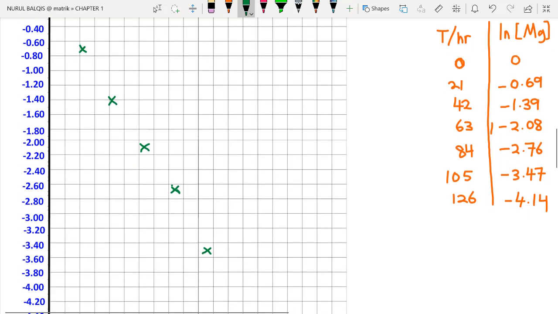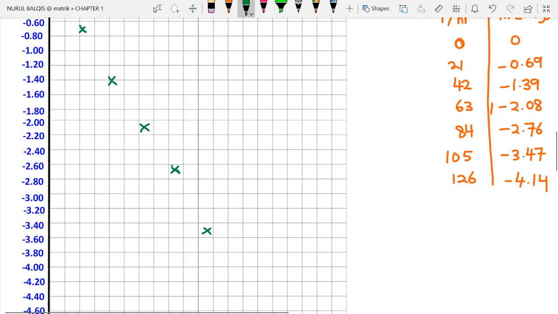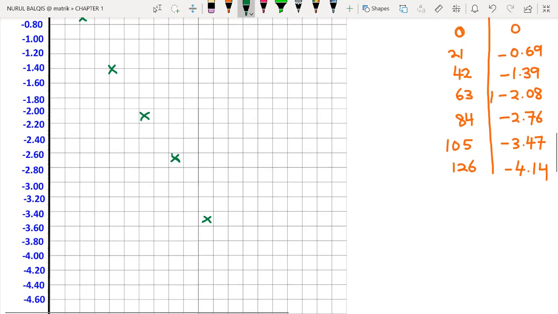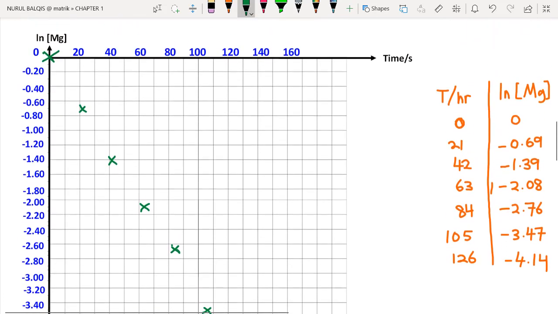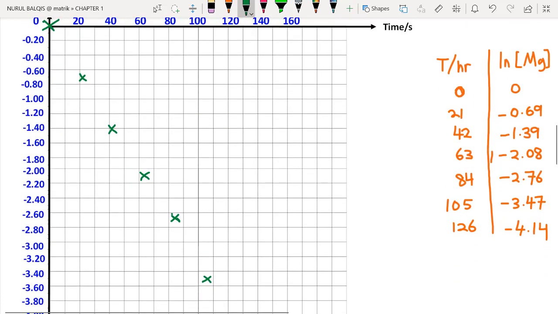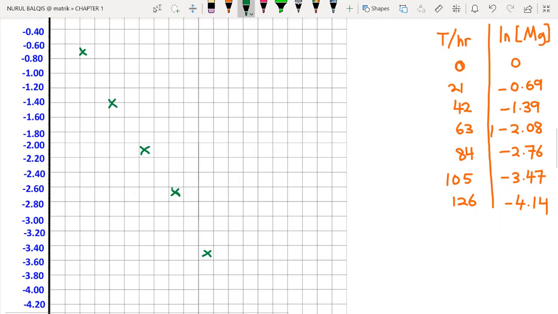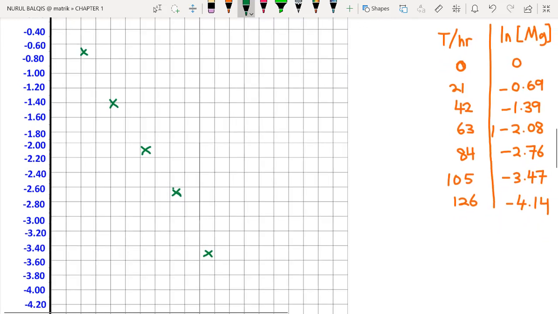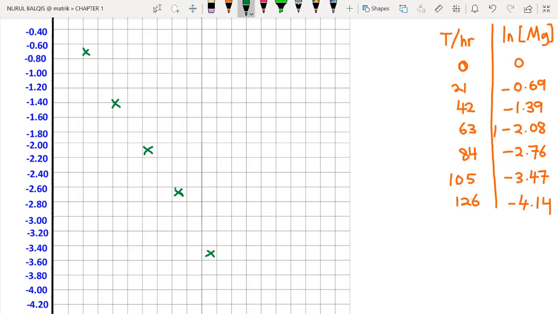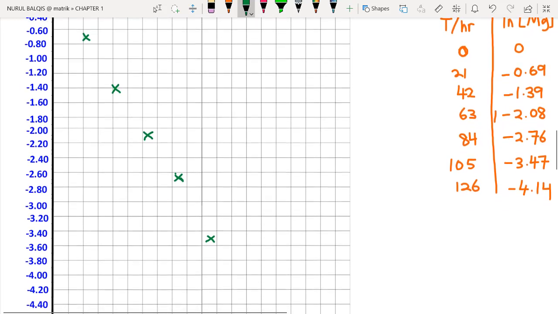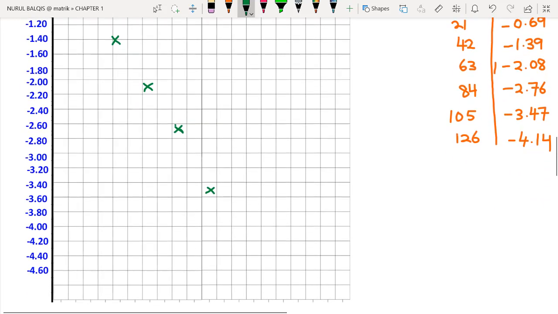Not sure though if we can get a straight line. And then 126 with negative 4.14. 126, where's 126? So 126 around here, a bit early point here, and negative 4.14 must be somewhere in here.